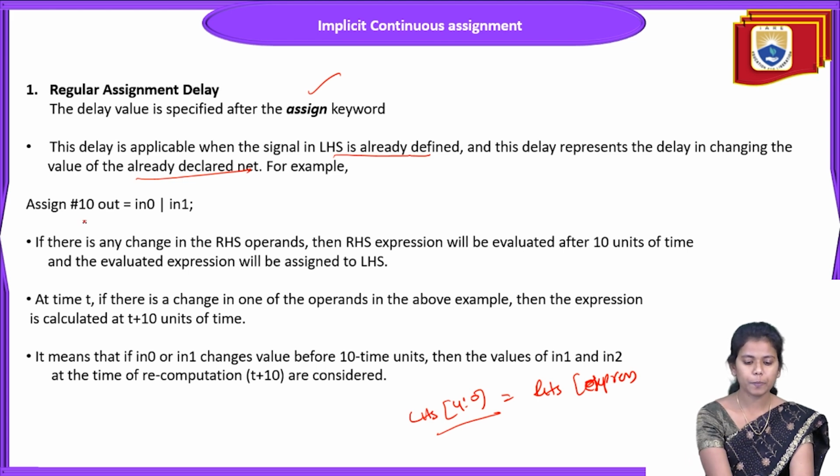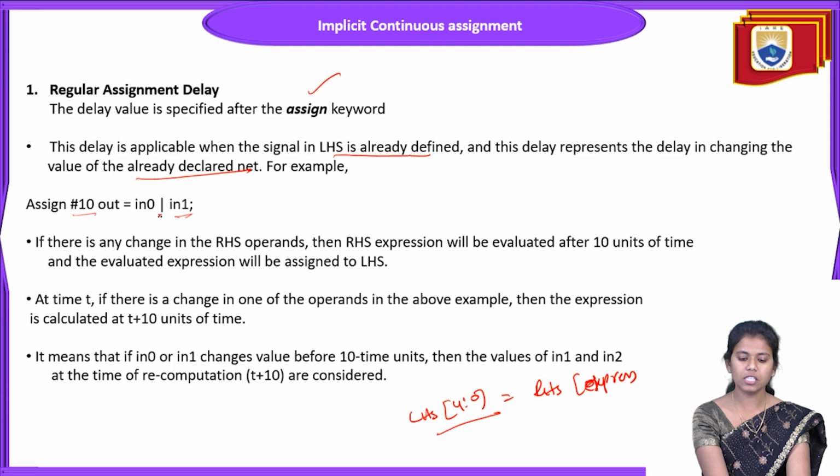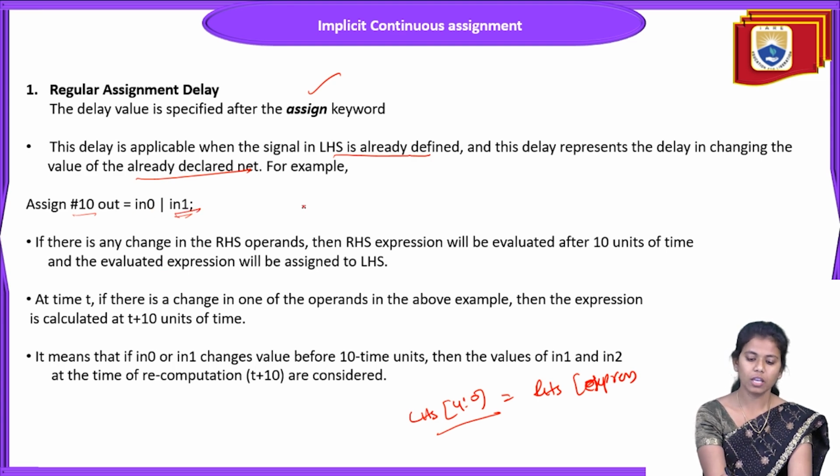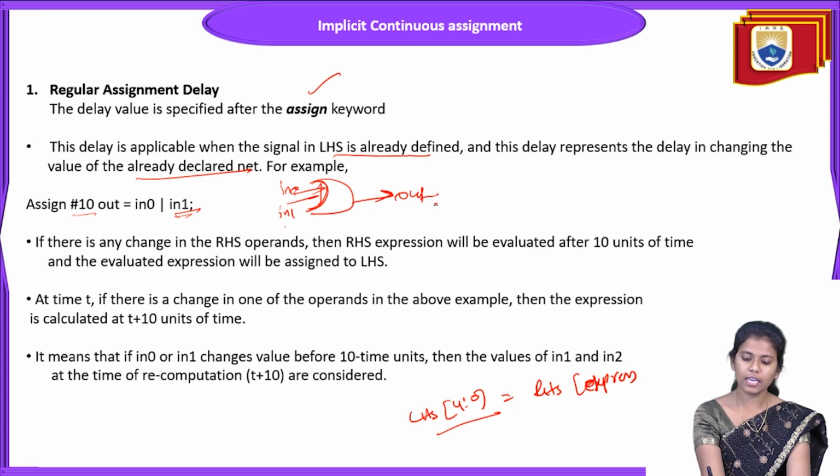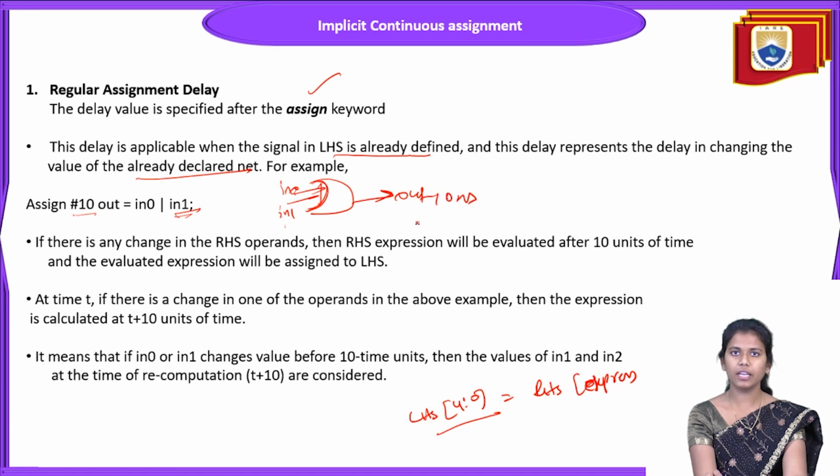So, assign #10 out = in1 | in0, or in1 | in1; that means the OR gate on in1, in0 and in1, in1. For this output, a delay of 10 nanoseconds is observed.